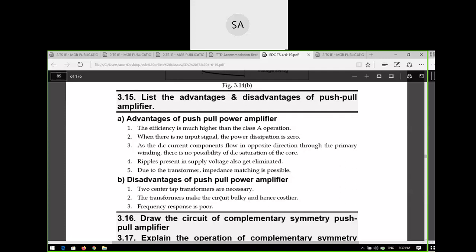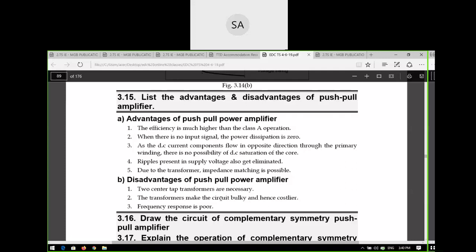And because of the opposite polarity of the components V1 and V2, there is no saturation in the core of the transformer, as they cancel each other, and ripples present in the supply voltage also get eliminated.